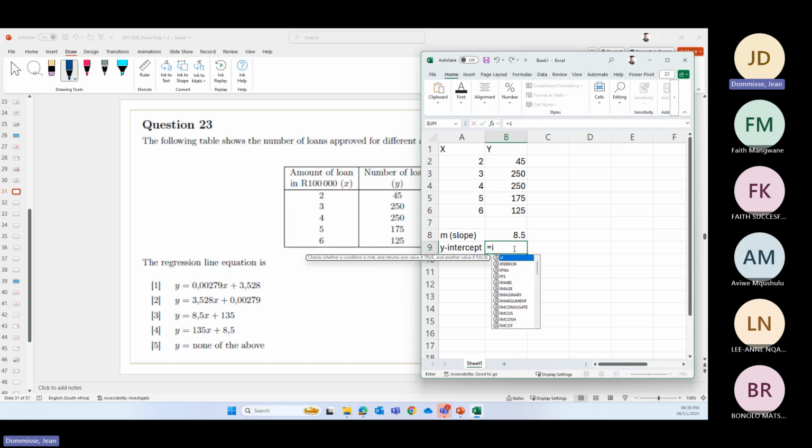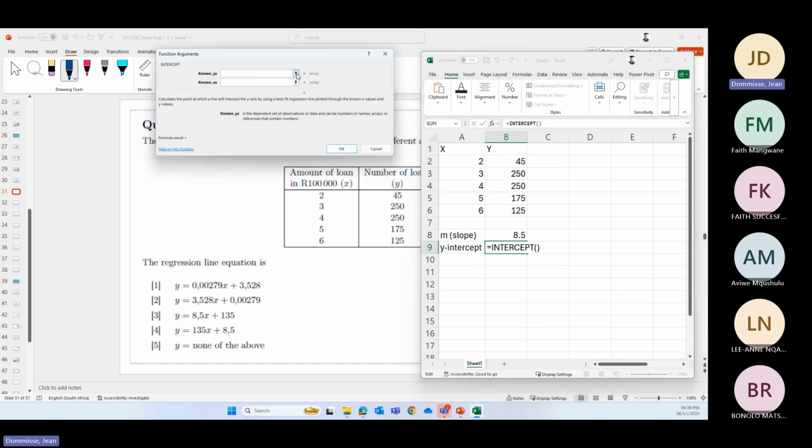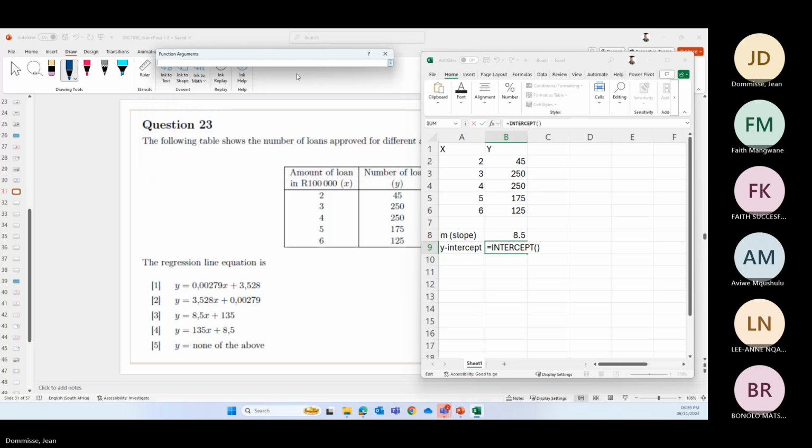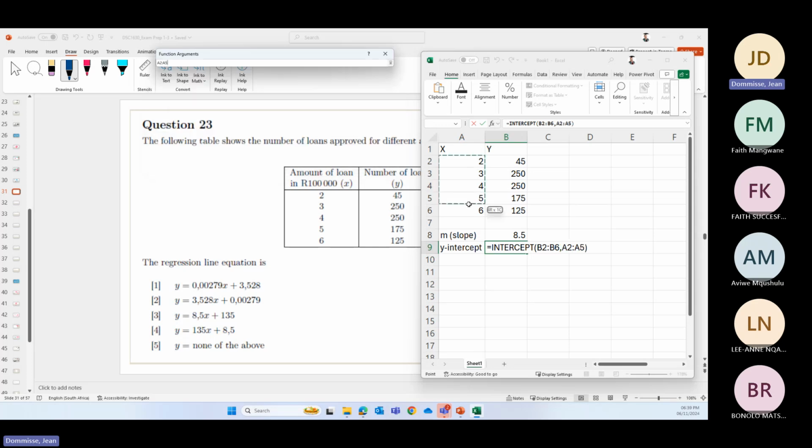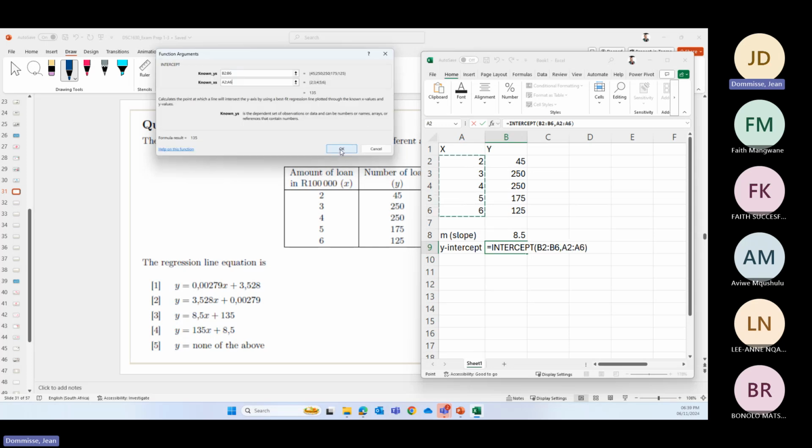Okay, then intercept is exactly the same. There is an intercept function, and again, intercept also wants the Y first, and then your X's second in that formula.